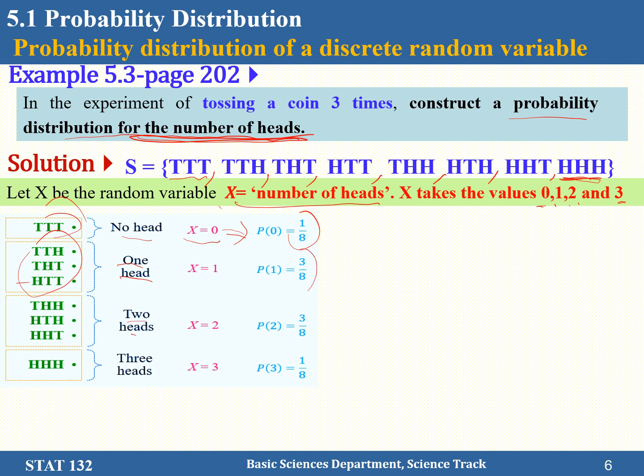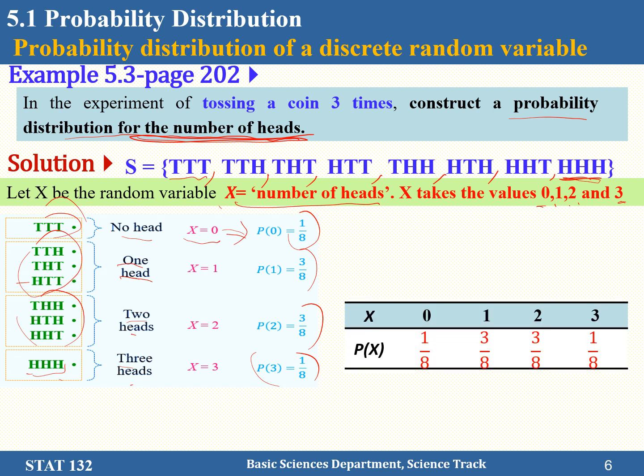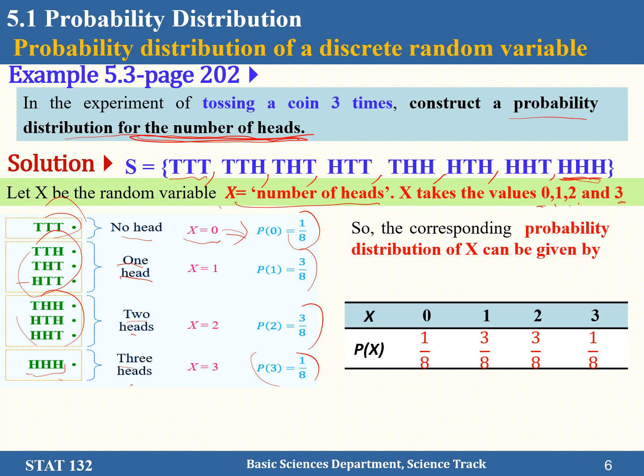For 2 heads, we list the outcomes and divide by all, so it will be 3/8. And for 3 heads, we have only one outcome satisfying this, divided by all outcomes, which is 8. So we get these probabilities and we can list them in the table. This is the probability distribution of X.